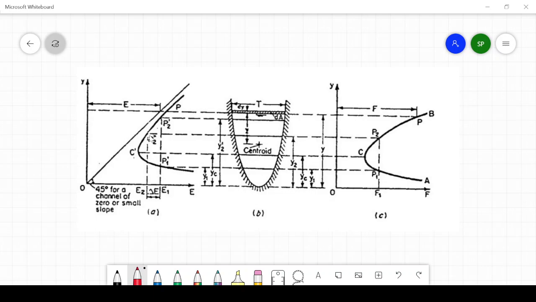Here, in specific force also, corresponding to one specific force, you will get two depths. You will get only one depth at critical depth.